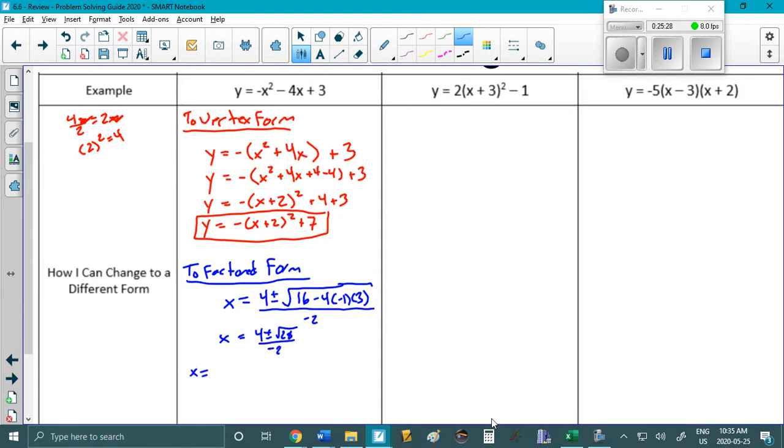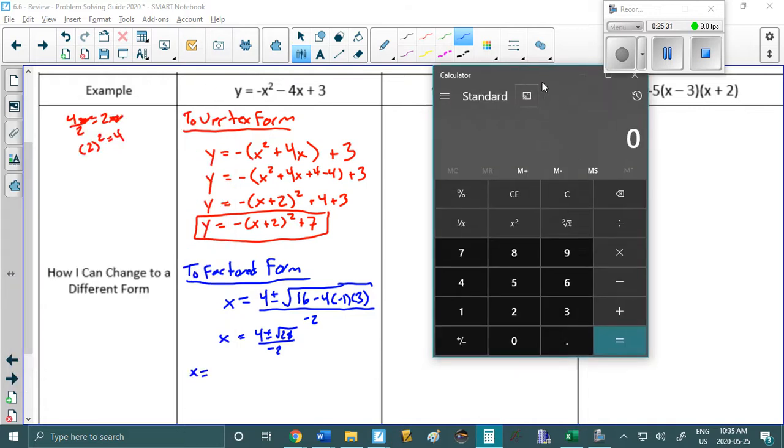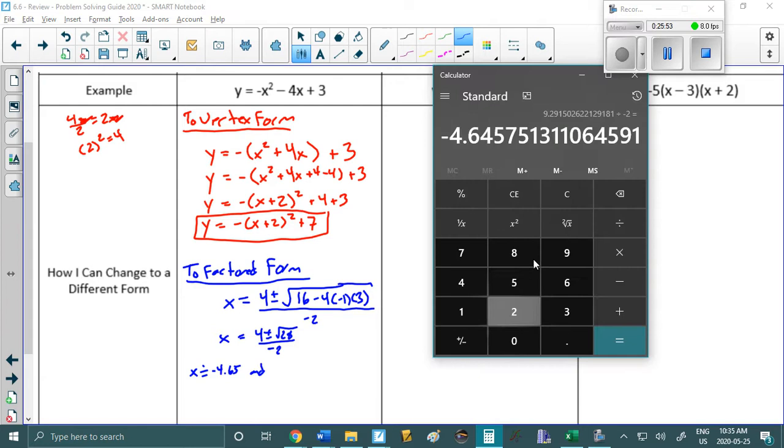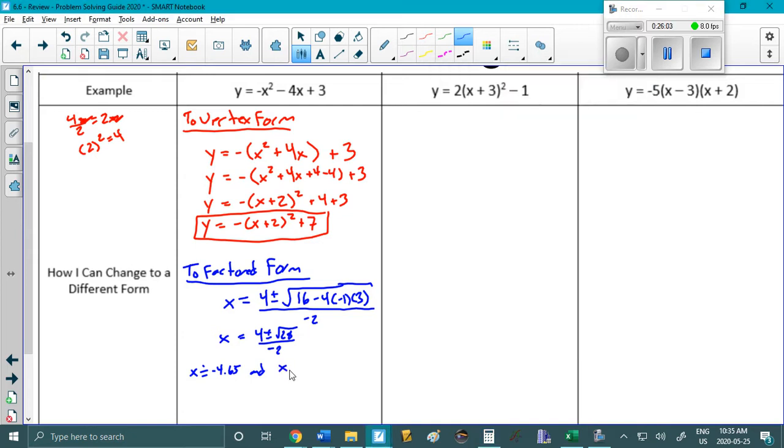So x equals 4 plus the square root of 28 divided by negative 2, approximately negative 4.65. And 4 minus the square root of 28 divided by negative 2, and we get 0.65.